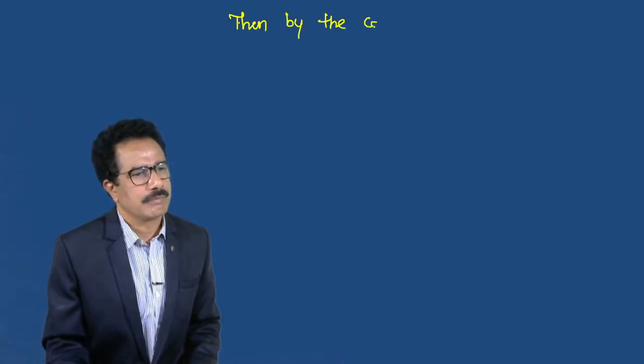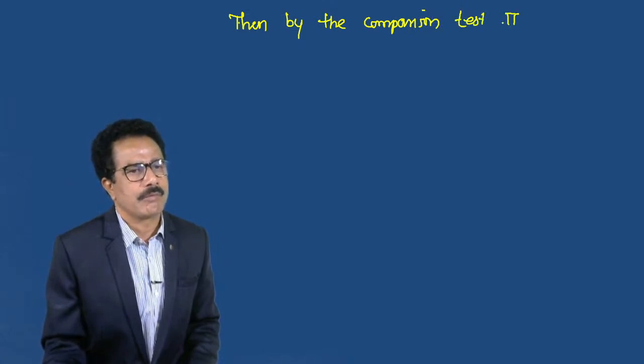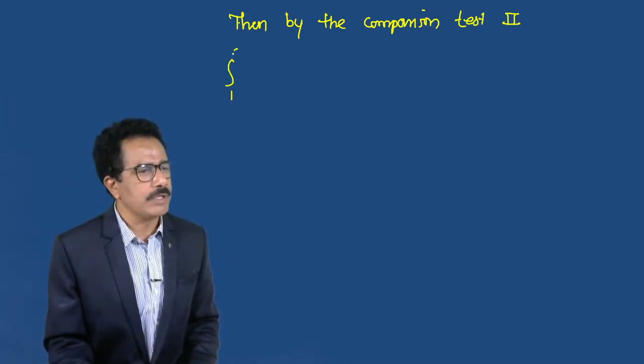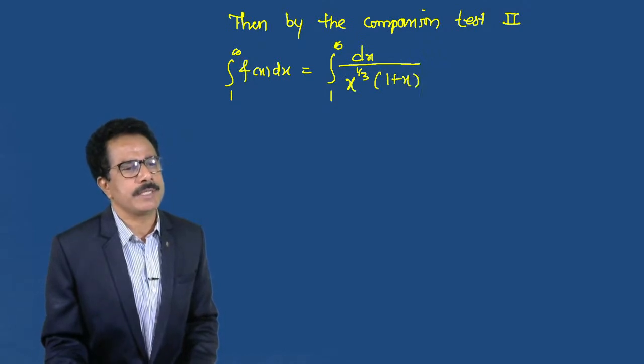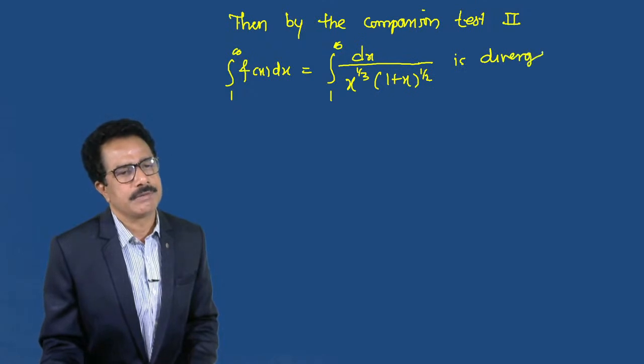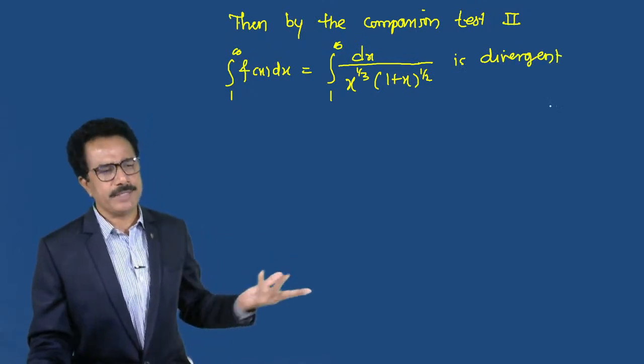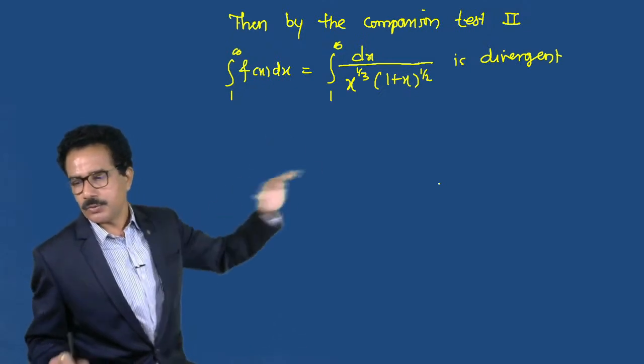Then by the comparison test second, integral from 1 to infinity f of x dx, which is equal to integral from 1 to infinity of 1 dx divided by x raised to 1 by 3 into (1 plus x) raised to 1 by 2, is divergent, or we can write diverges. Okay, in this way we can obtain the solution of this integral.